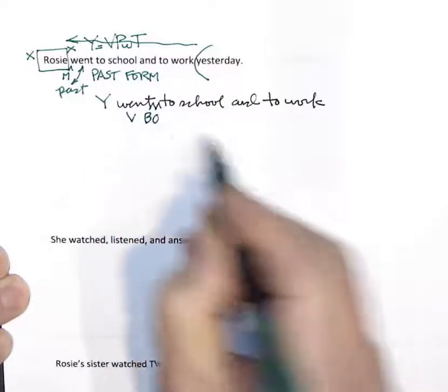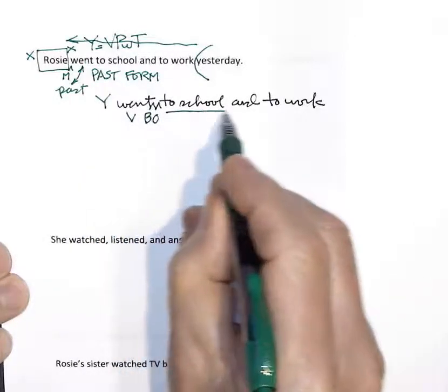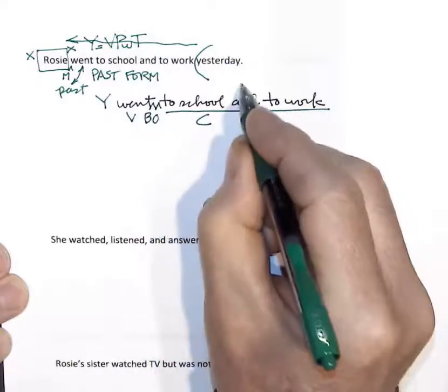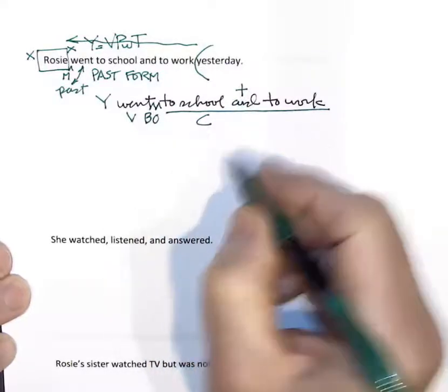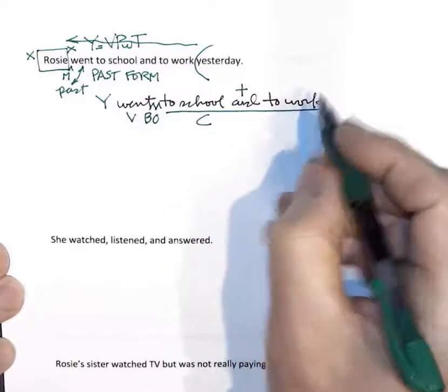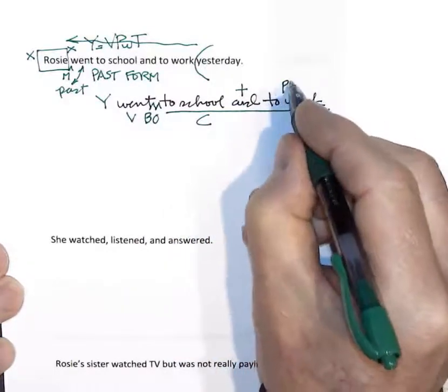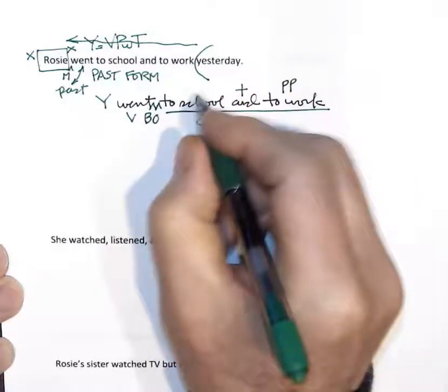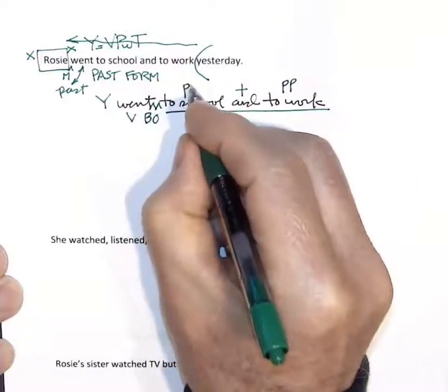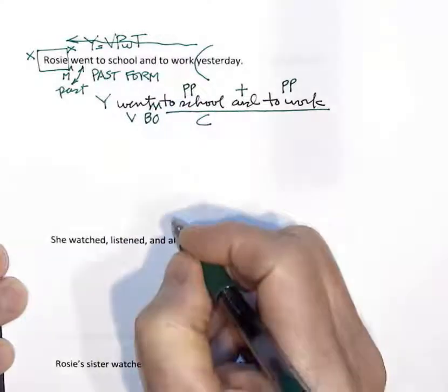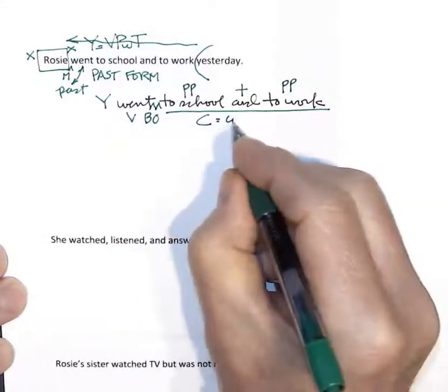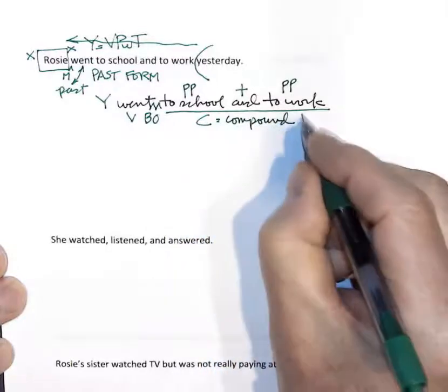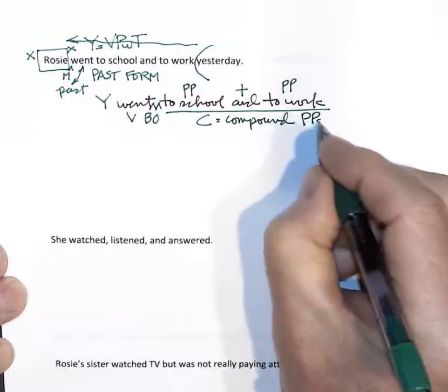Object place is empty, and to school and to work is the complement. I see that we have a coordinator. On the right side, we have a prepositional phrase, to work. So on the left side, we should also have a prepositional phrase, to school. The complement is compound prepositional phrases.